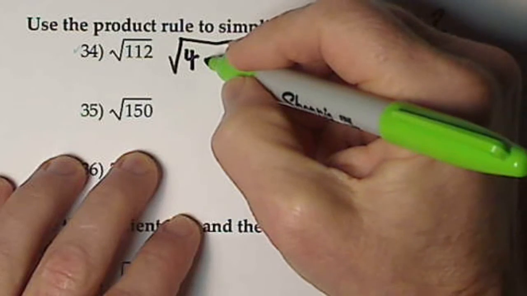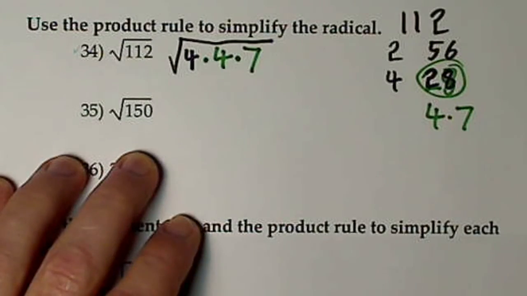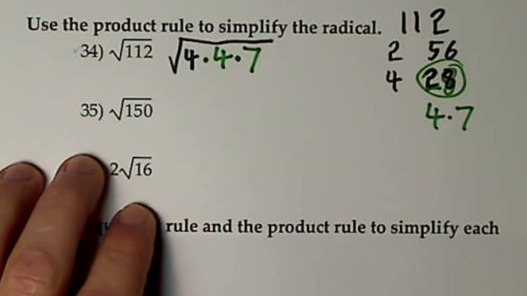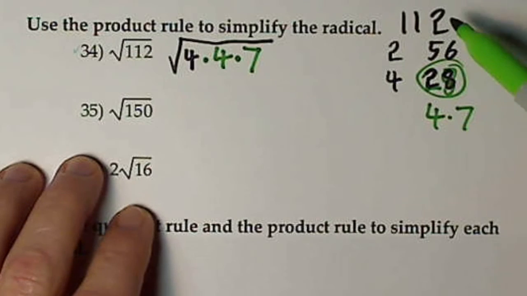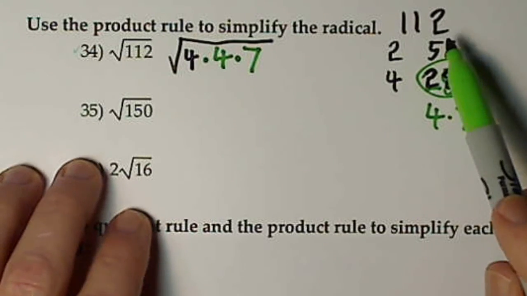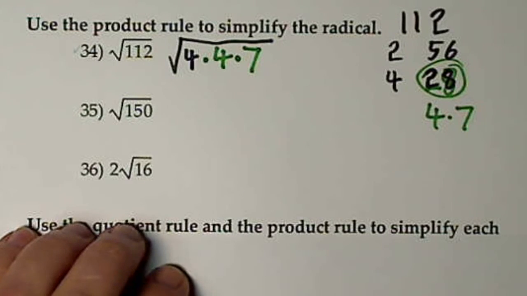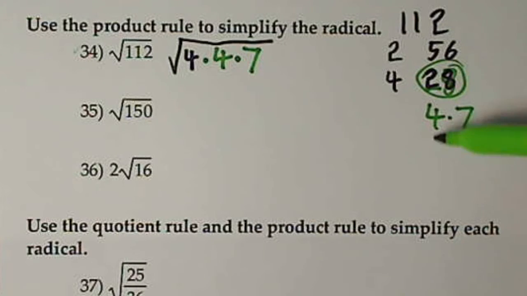So 4 times 4 times 7. Okay, it turns out that 16 times 7 is 112. But using this method, we didn't get to our 16 yet. If we had kept going, we would have gotten there. But this is just as good a way of figuring out your solution.